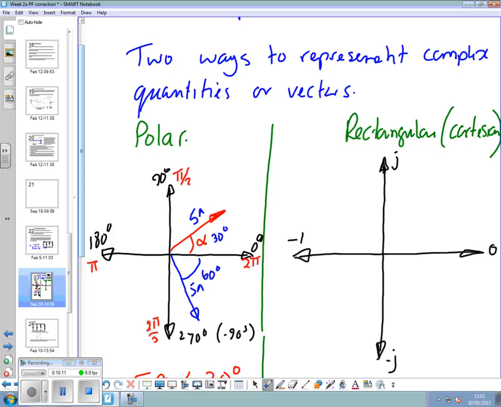Now, this is also j squared, right? That can be said to be j to the power 3.